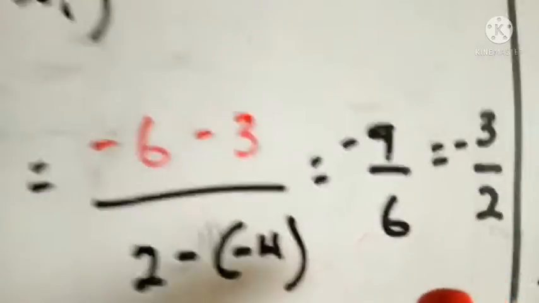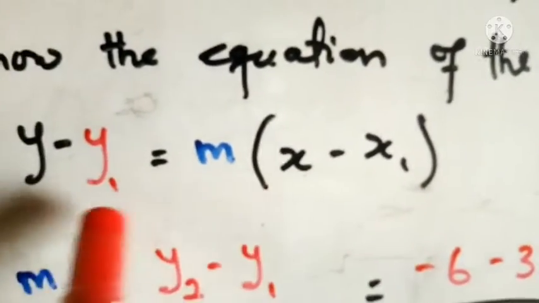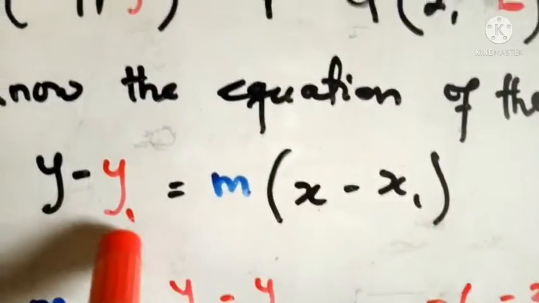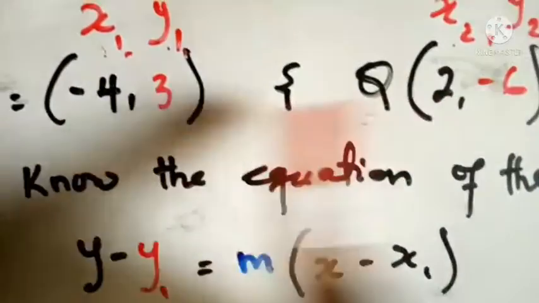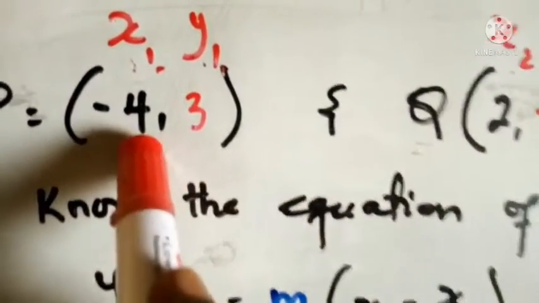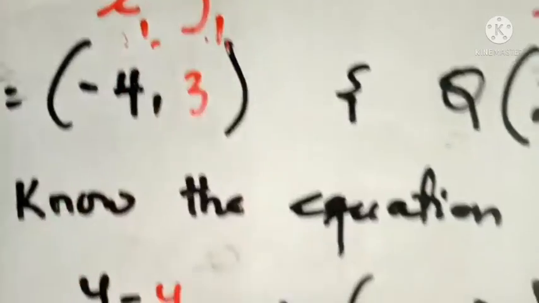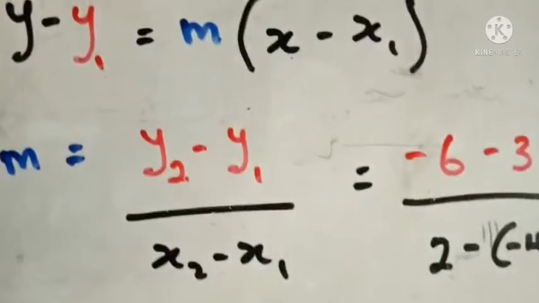Now that we know the gradient, we were looking for the gradient for us to find the equation of the line, as well as the x1 and the y1. This x1 and the y1 can be either of these two points. So maybe to avoid any confusion, you should go for this one. That's the x1 and y1. So now we know the x1 and y1 as well as the gradient.